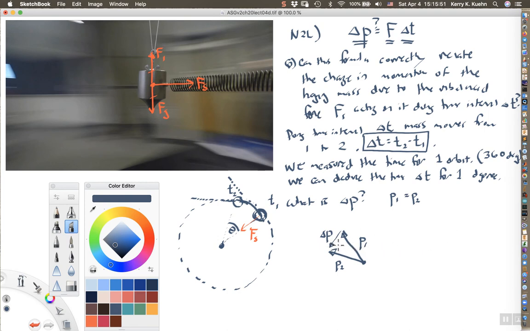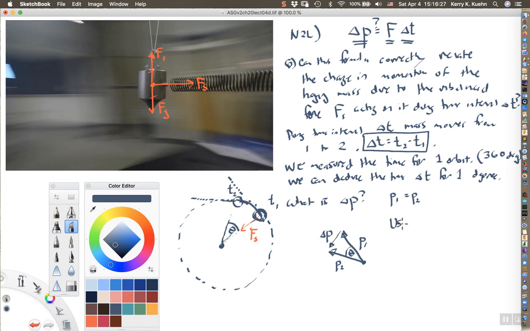Well, let me just remind you, when you have a triangle and you know two sides of it, you can find the third side as long as you know the angle theta. How do you do that? Well, we know that angle theta here is going to be the same as the angle theta over here. If we know that to be 1 degree, and we know that these two sides of this triangle have the exact same length, because after all, this isn't speeding up or slowing down, then we can find out what delta P is.